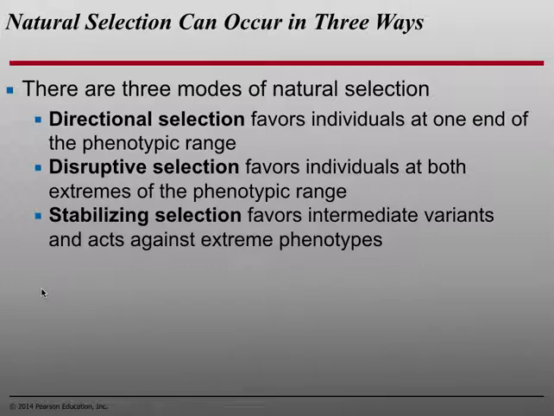Eventually, that could lead to a separation of species if there was no interbreeding between them. Stabilizing selection favors the individuals in the middle. This is getting rid of those extreme examples from the sides.